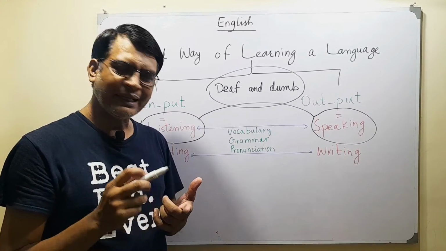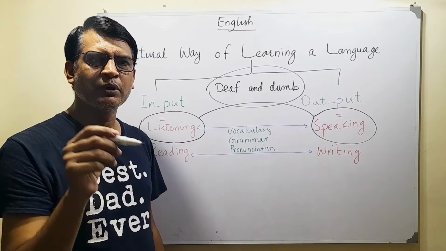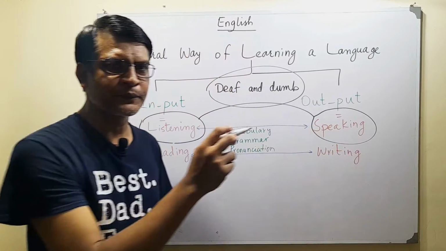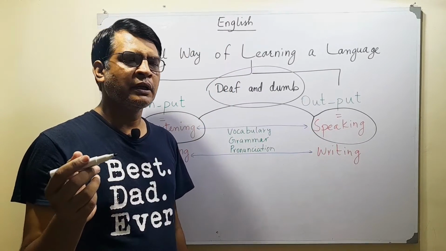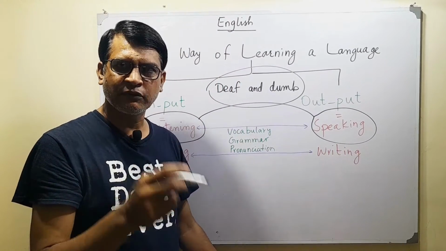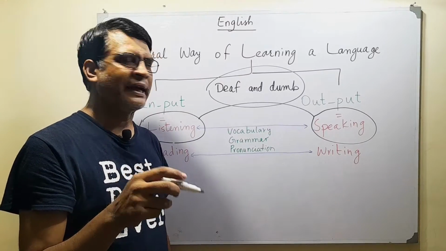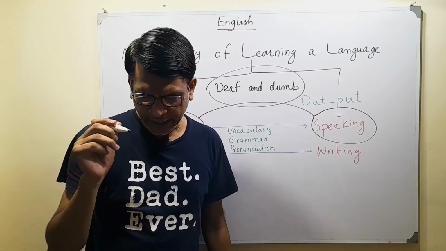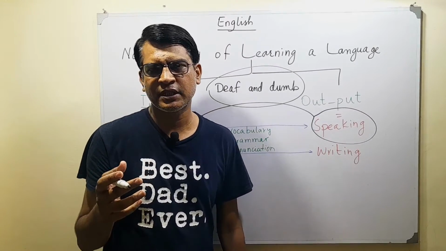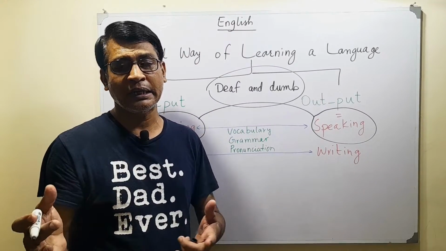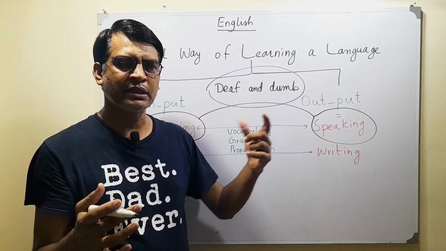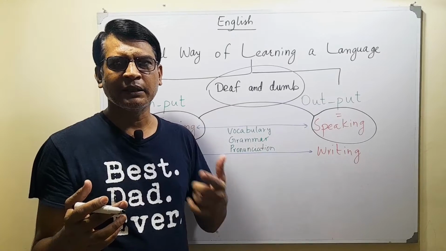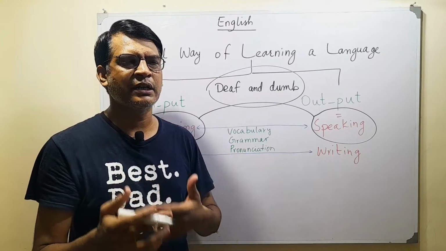Until and unless you give good input to yourself for English, you won't be able to speak. Whatever you listen to, whether it is formal or informal, it will be the same that you will speak. In your mother tongue, you might have seen that there are people who speak very good language because in their surroundings good language was spoken, so they started copying it.